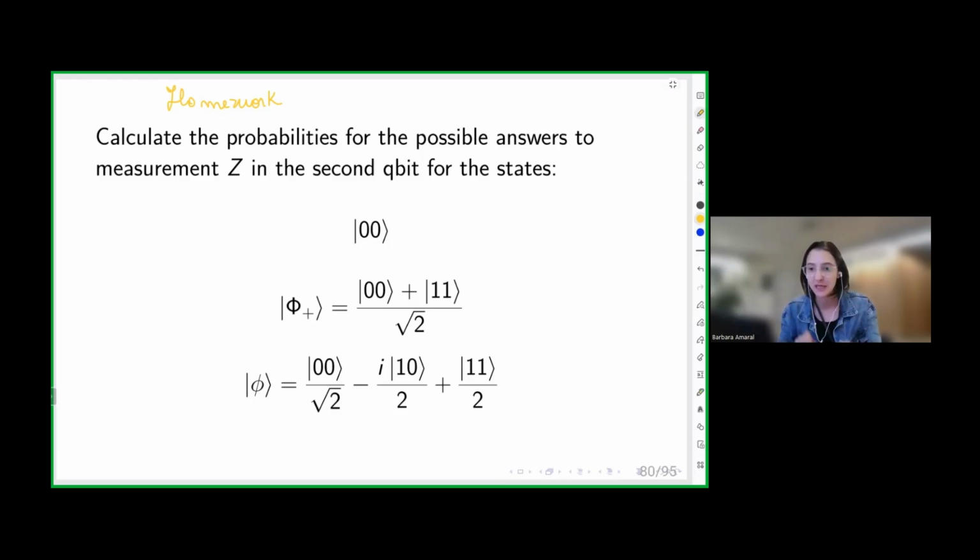If not, come to me, we'll go through them together, because I'll be doing this kind of calculation the entire time throughout the course. So next class, I'll just be applying this kind of measurement over and over to make a protocol, and it is important that you understood this properly. Okay, so go back to the homework and make sure you understand what is going on. They're simple, but they're the cornerstones of everything we're doing next.